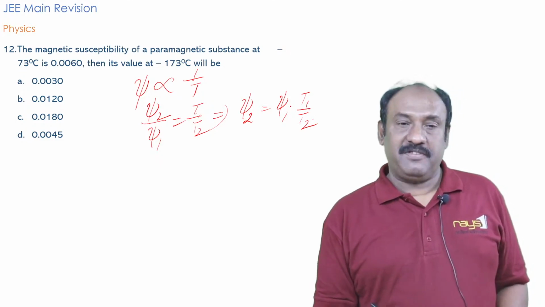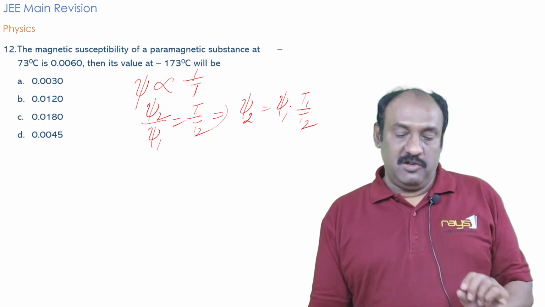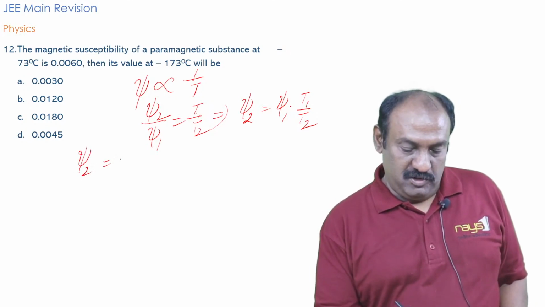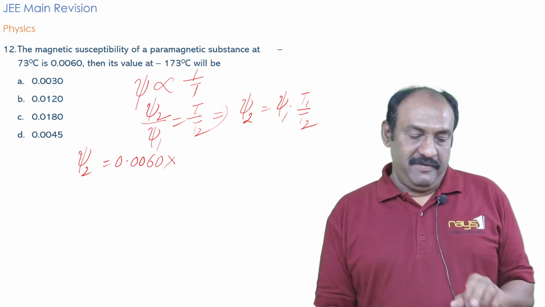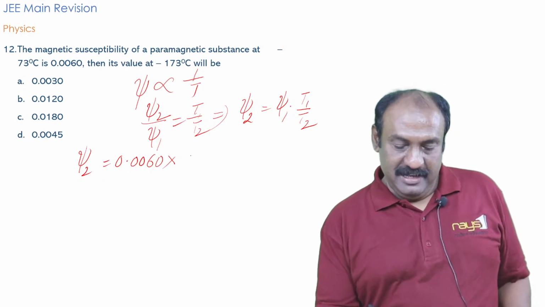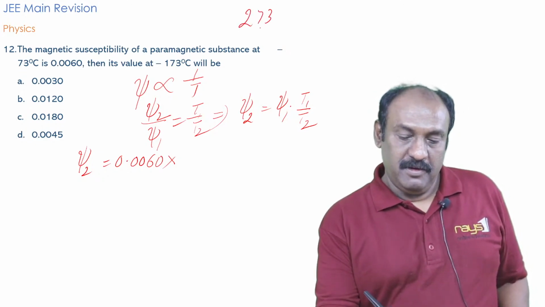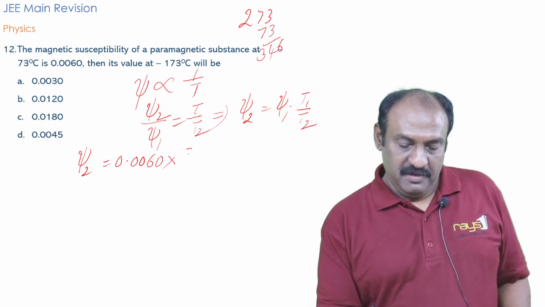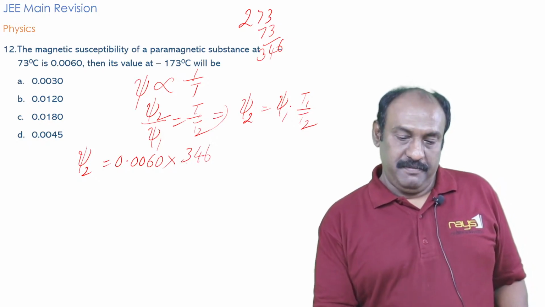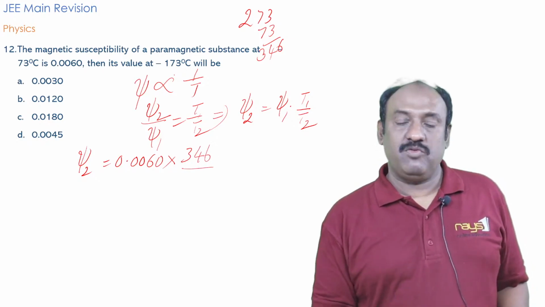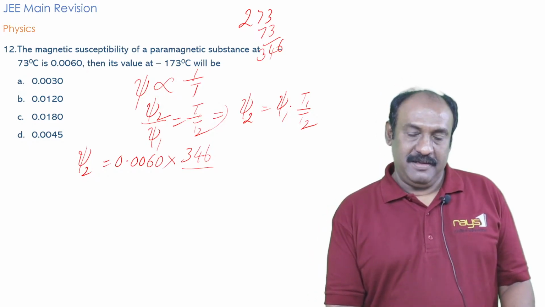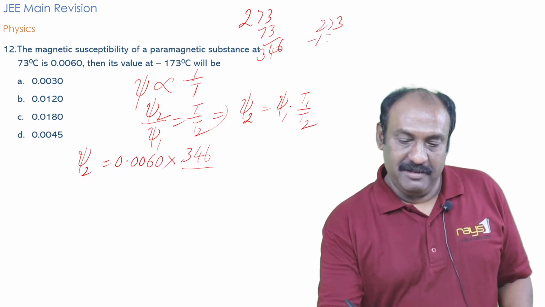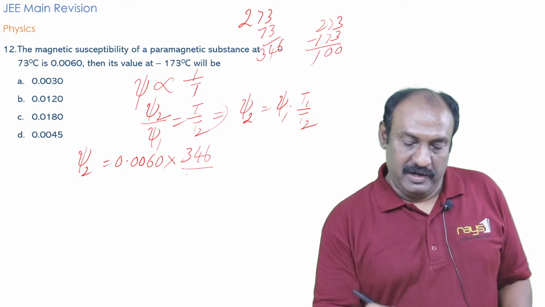So what are the values? Psi 1 is given as 0.0060. Therefore psi 2 is equal to 0.0060 into T1, where T1 is 73 degrees centigrade, so 273 plus 73, which is 346 Kelvin, divided by T2, which is minus 173 degrees centigrade, so 273 minus 173, which is 100.